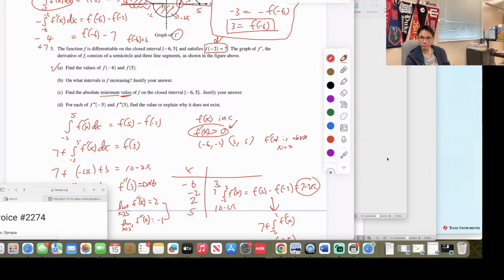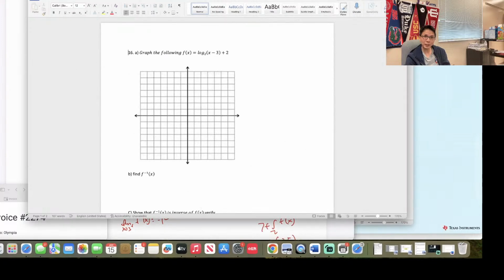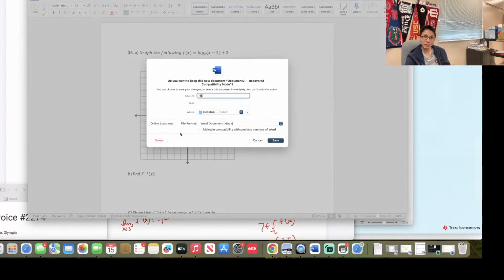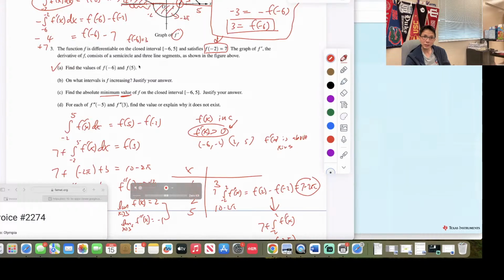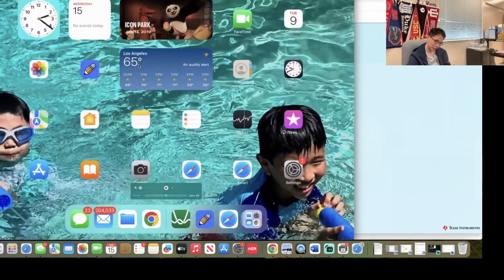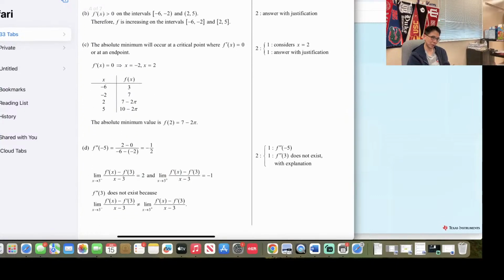Right, but you have to explain. How would I justify here? Yeah, they actually use the definition of derivative. They say it does not exist. Does that make sense?